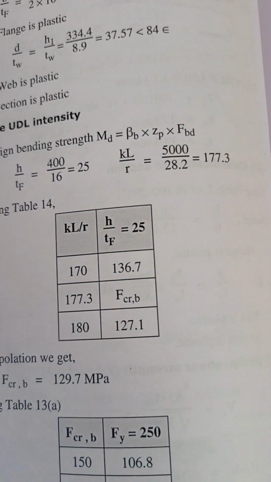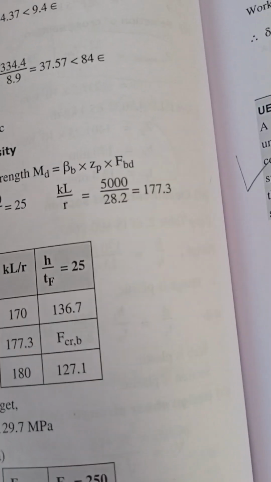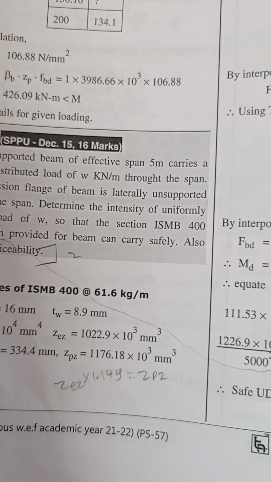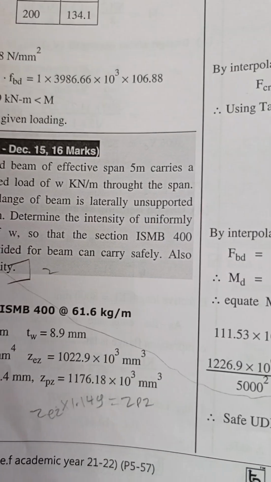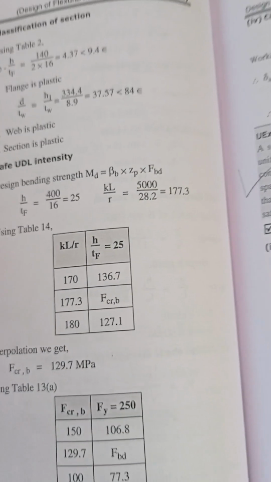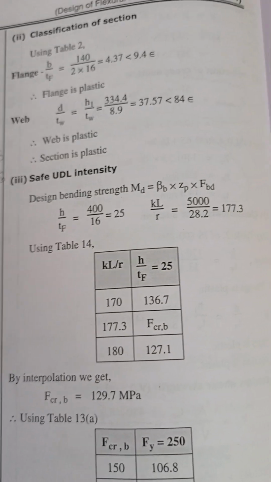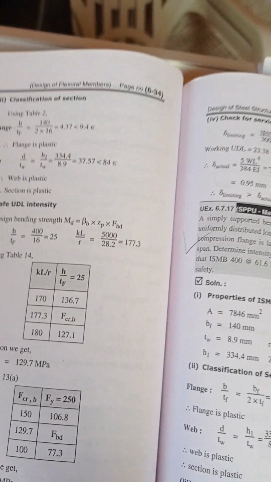we know the ZP. So for the ZP, ZEZ into 1.5 equals ZP. You can find the formula here, the 1.149 into ZEZ equals ZPZ. And here is the first thing, go to the table number 14 of IS code.